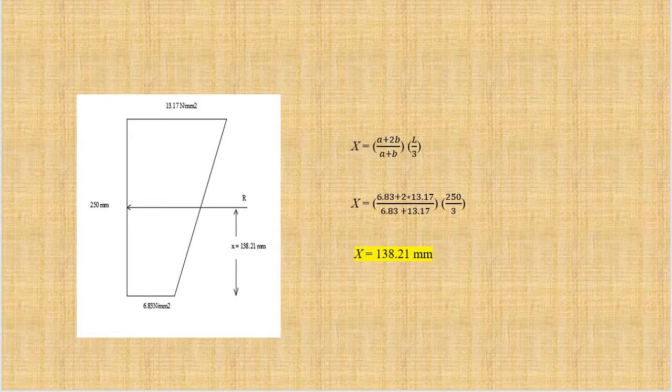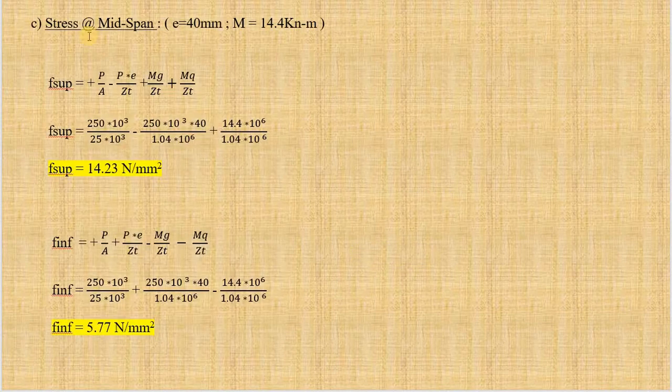The next and last remaining term is midspan. Stresses at midspan, E is 40 mm. Directly in the question they have given M. We have calculated at midspan, it is 14.4 kilonewton meter. The next is the formula for F superior, F inferior, stress at the top, stress at the bottom.